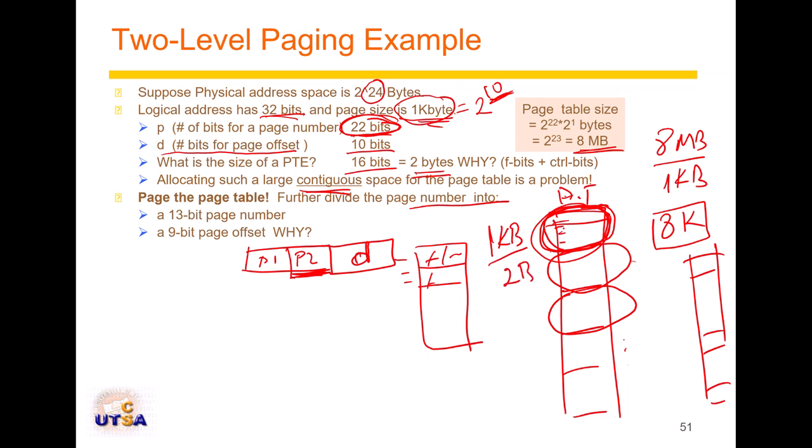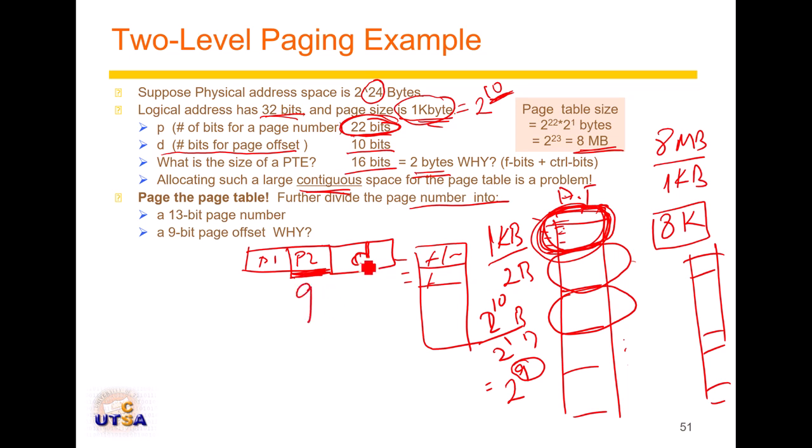So that will give me 2 to the power 10 divided by 2 to the power 1 bytes, so you will get 2 to the power 9 entries, right? So you need 9 bits to be able to address every entry within that table. So that's why this number P2 should be 9.